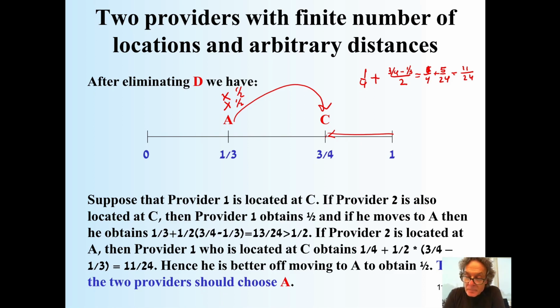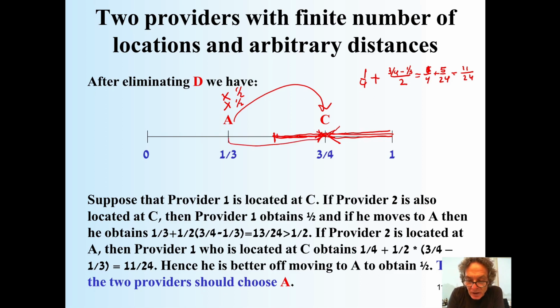Only to C. Again, if we both are located at A, I'm getting half, you're getting half because we're in the same location. But if I move to C, what do I get? First of all, I'm getting the 1/4 from 3/4 to 1, all of this coming. And half of these people will come to me. What is the length of this interval?